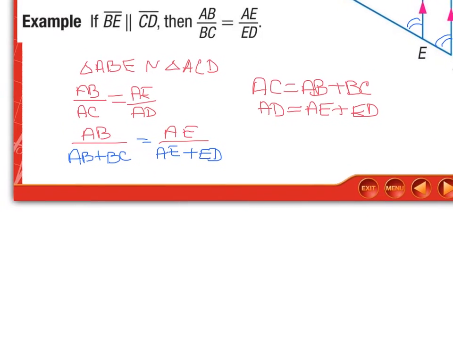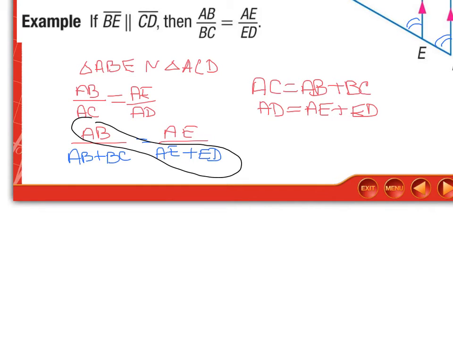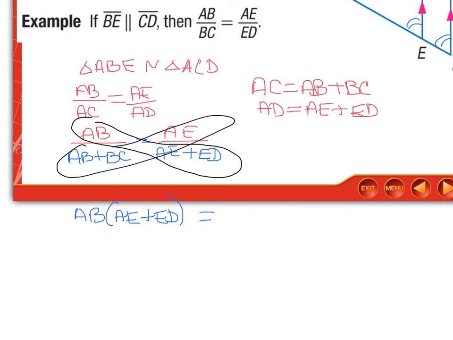All right. So now if we cross multiply here, we can do that easily. We've got AB times this whole sum, AE plus ED. And likewise, this side cross multiply, we have AE times the sum AB plus BC. I've got to represent that in parentheses.